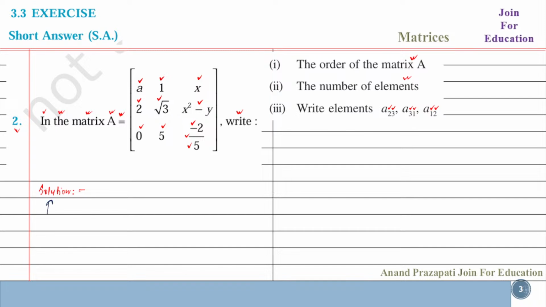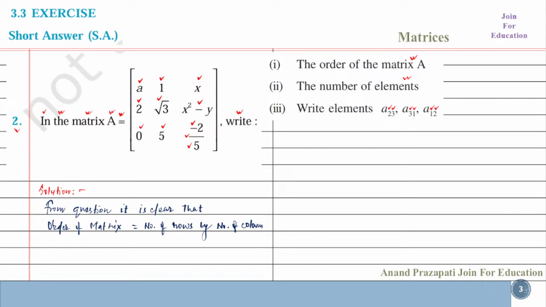From the question it is clear that the order of the matrix is the number of rows by the number of columns.